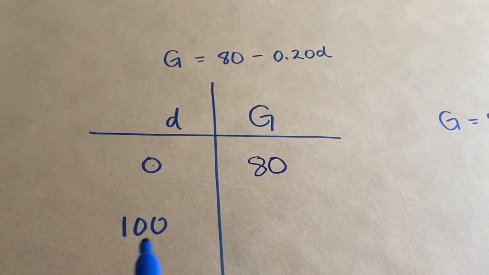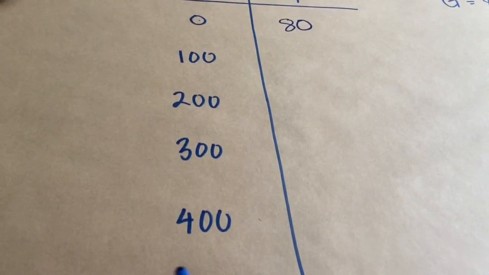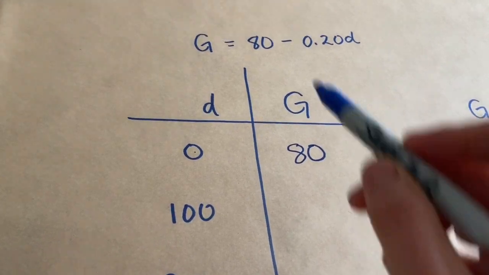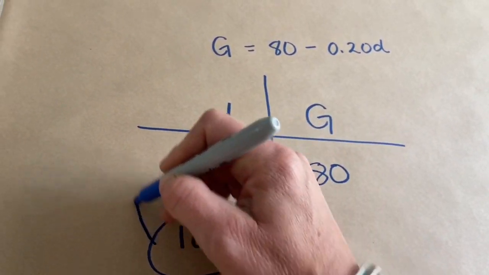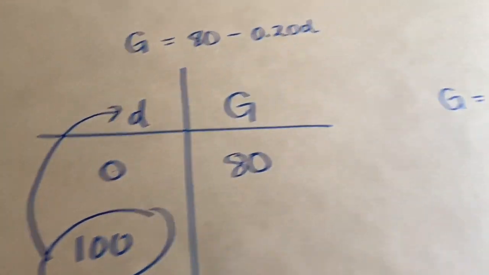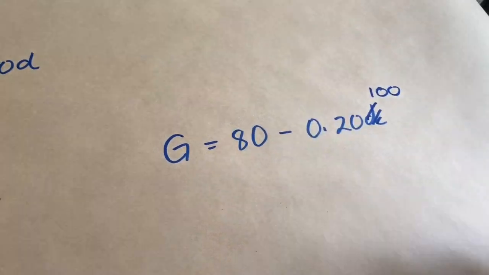Now we want to find the answer after 100 kilometers, 200 kilometers, 300 kilometers, and 400 kilometers. So we have to use the equation, and you have to remember that this 100 is a D. So in my equation, I'm going to cross off the D and put a 100 there.